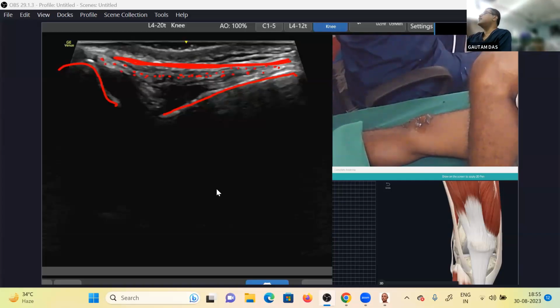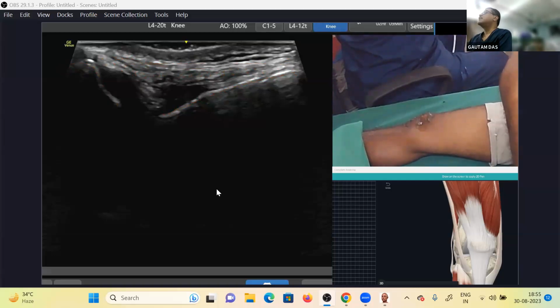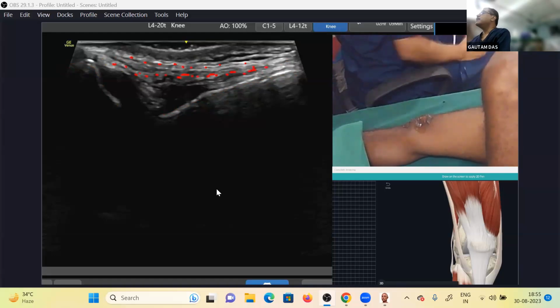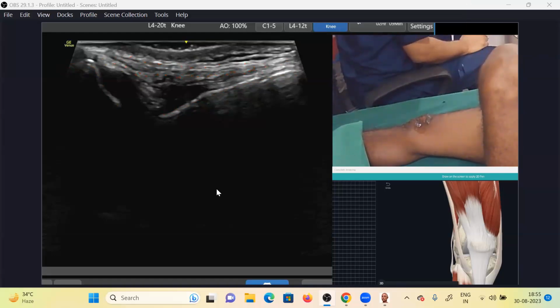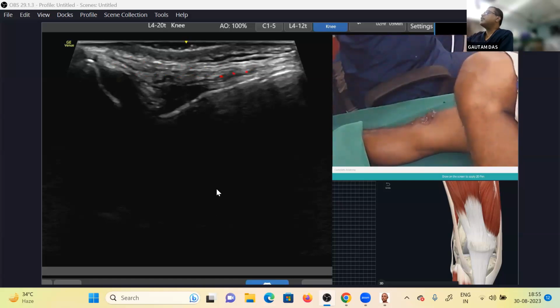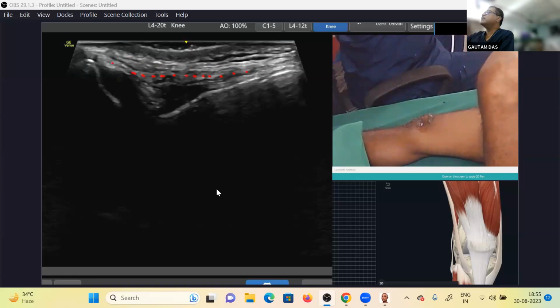I'm removing the drawing again, and you just try to understand. Can you appreciate? The superficial layer is much more bright white, and the layer below is a little darker, but still hyperechoic fibrillar pattern. Can you appreciate, everybody? Yes, sir. The superficial layer is your medial patellar retinaculum, and the deeper layer is your patellofemoral ligament. This is your patellofemoral ligament, and this is your patellar retinaculum.